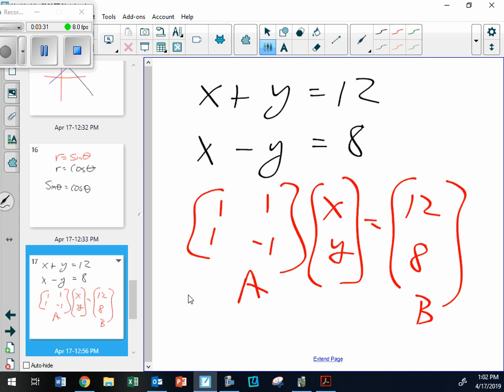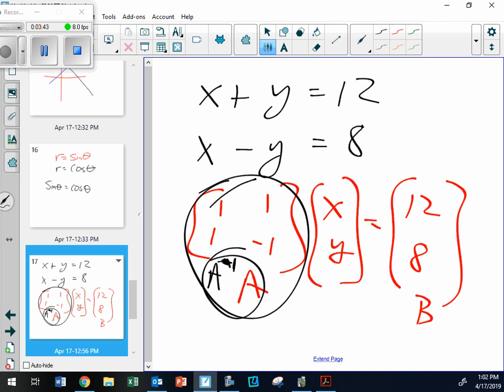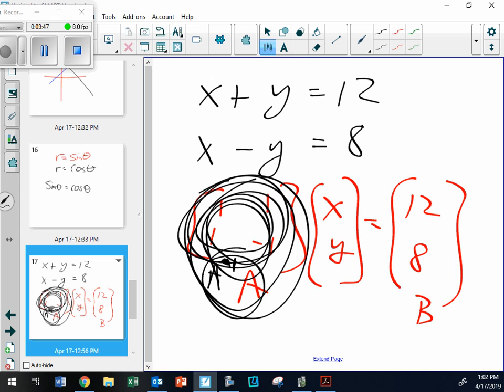So this is the matrix I want to get rid of. So I do the inverse of A. Now technically I do it on this side. Oh, that's negative 1, sorry. A to the negative 1 on this side. And then these two will cancel, which means this goes away, which means technically it just turns into the 1 matrix. But the 1 matrix is actually 1, 0, 0, 1. But you don't really need to know all that.